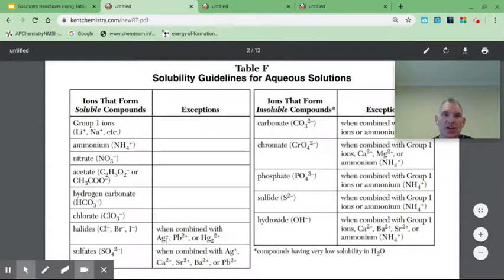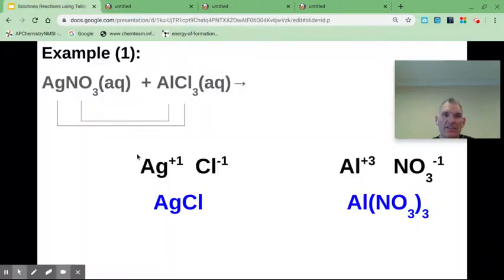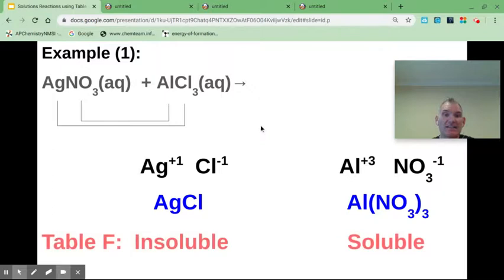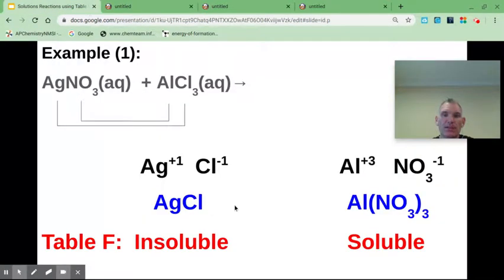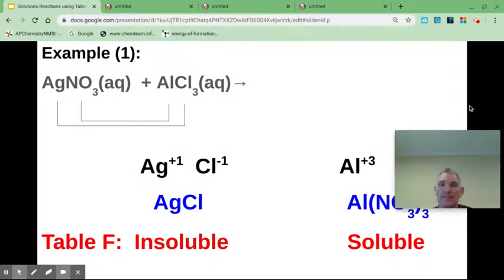So I know if I go back to this that AgCl is not soluble. AlNO3, when I go to table F, notice NO3 is always soluble. There's nothing there as an exception. So AgCl is insoluble and AlNO3 is soluble.